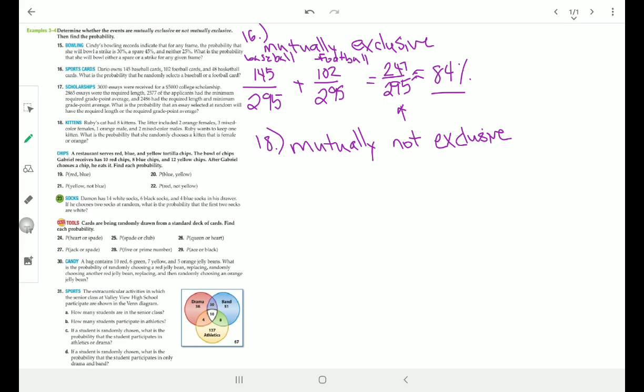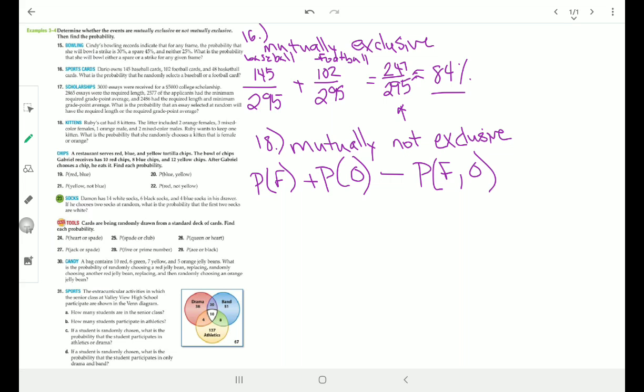And so the way I need to go about finding the probability, I have to find the probability that we draw a female, so the probability of a female, plus the probability of an orange cat, minus the probability that we draw both, right? And basically that takes away that extra chance that we're counting it twice, right?